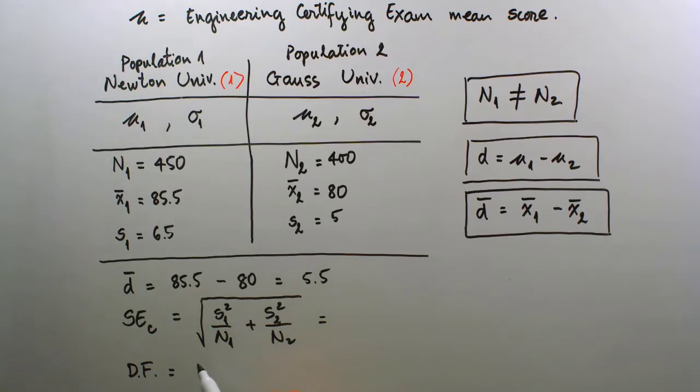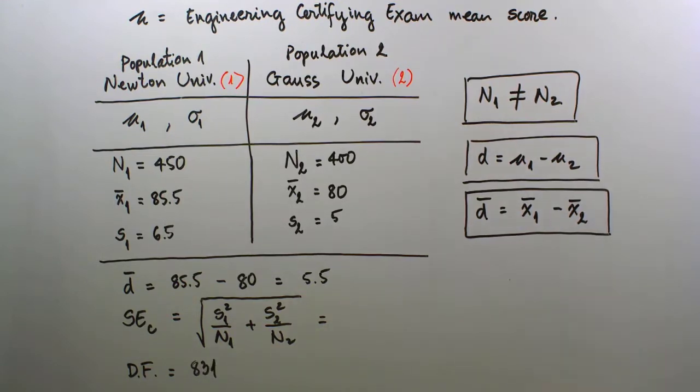But for my class, to ensure that even students with very limited calculator capability can also work with the degrees of freedom, I asked my students to use degrees of freedom rounded to the nearest whole value. And so in this case, our degrees of freedom concluded to be 831.